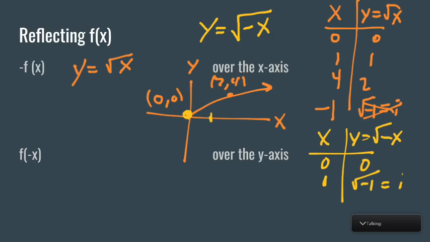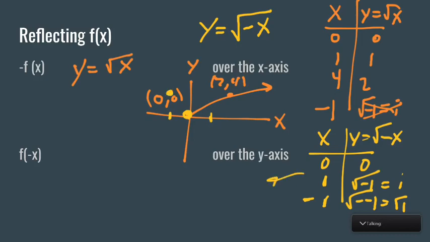And if I plug in any positive number, it's going to be the square root of a negative, which is not a real number. Which means I have to plug in negative numbers, because that will cancel out the negative already in front of the x. So if I plug in negative 1 for x, I get positive 1 for y.